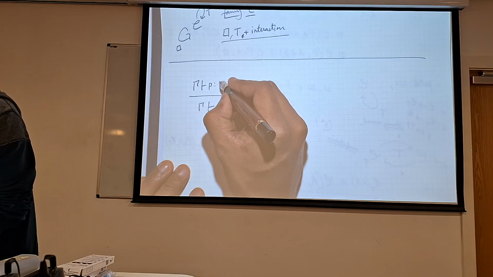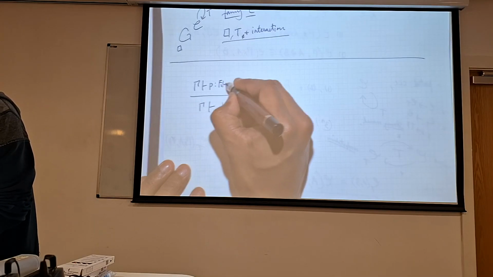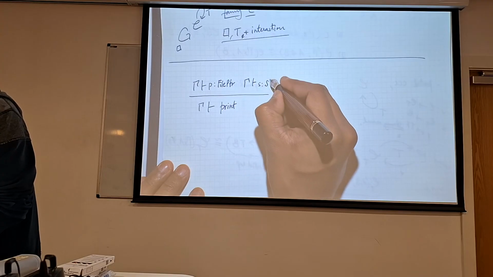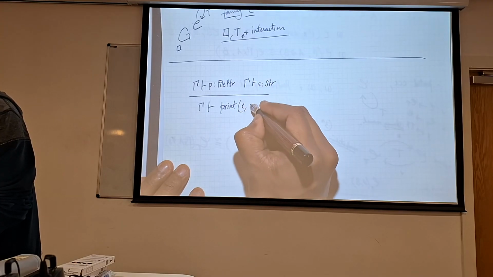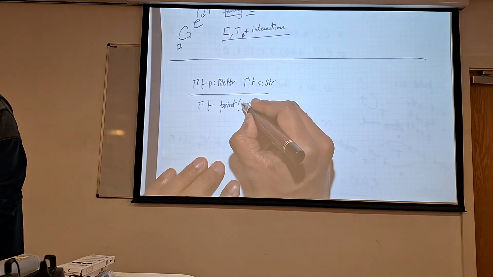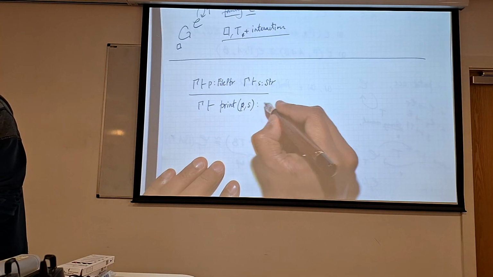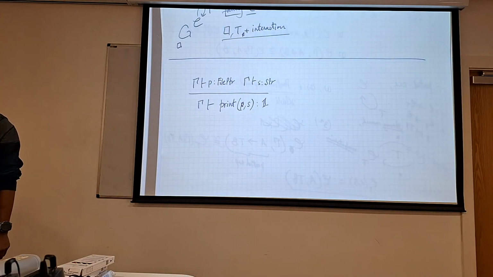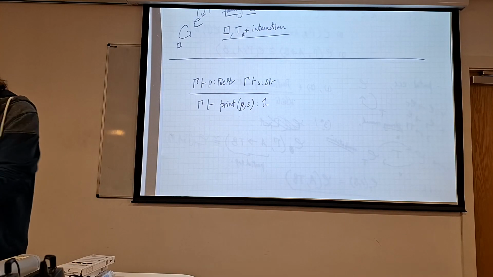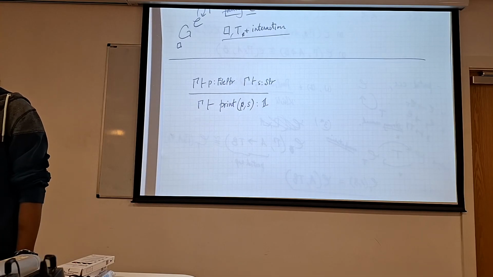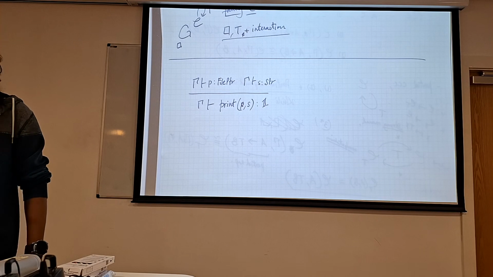Say P, a file pointer, and let's say a string. So I print S on this pointer P, and this is a unit. So to print a string, I really need a free file pointer in my context.